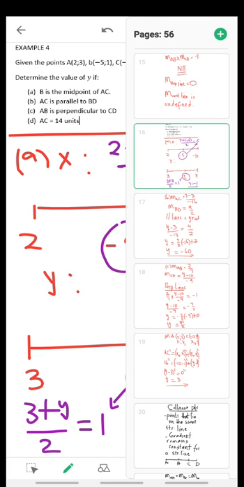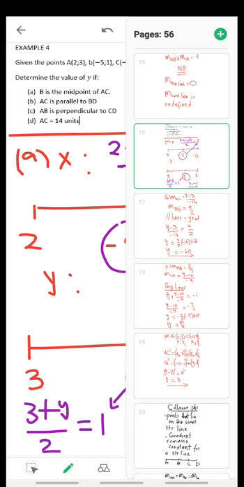Now, let's go to C. Determine the value of y if AB is perpendicular to CD. What do we know if lines are perpendicular to each other? Those lines will have a product of their gradients being equal to minus 1.